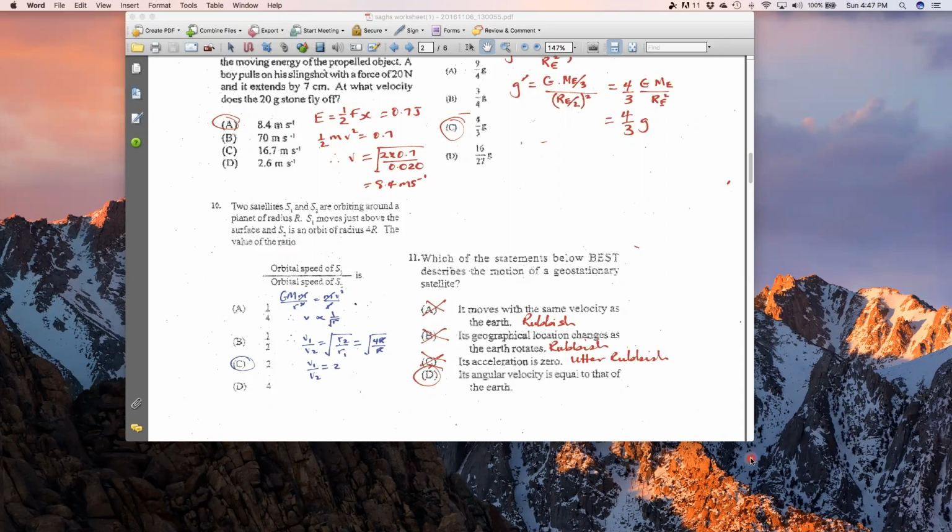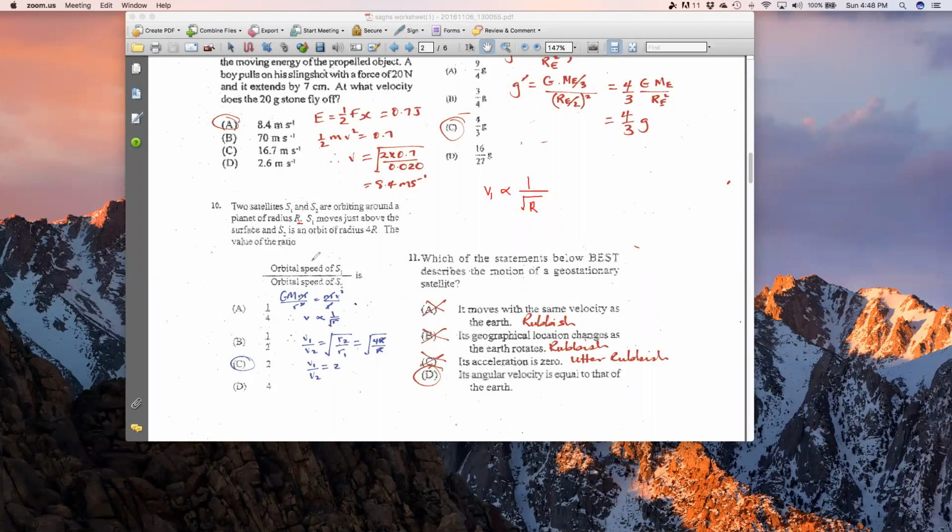I can write it again to bring your mind to focus on it. What I'm saying is, V1, which is the speed of satellite 1, should be proportional to 1 over the square root of r. Right? That's what it's saying here.